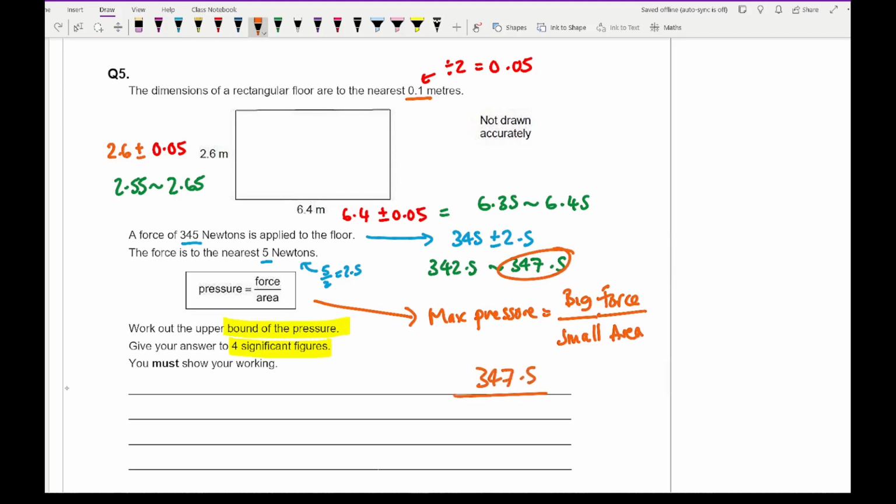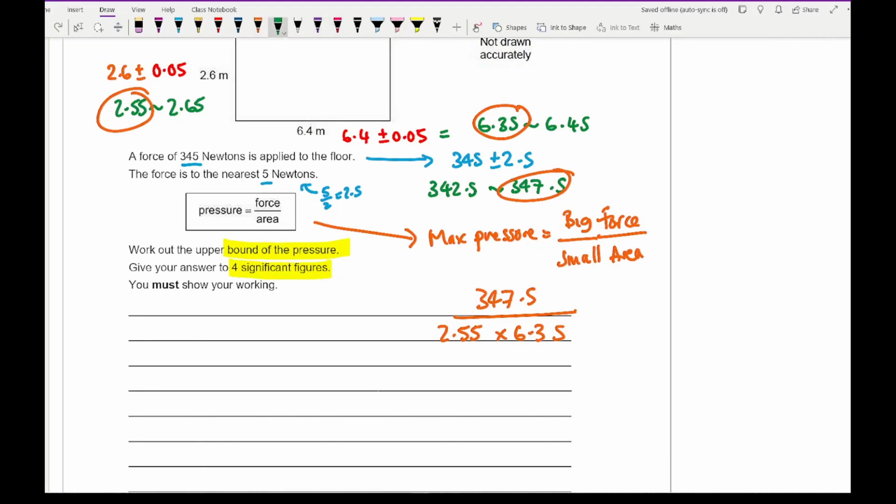So the biggest force is going to be 347.5 over, and to get the smallest area, I need to use the smaller lengths of each of those. So it's going to be 2.55 multiplied by 6.35, and typing this into my calculator, it gives me 347.5 over 16.1925. If I type all of this fraction into my calculator, what do I end up with?